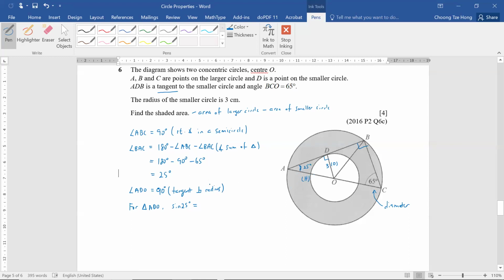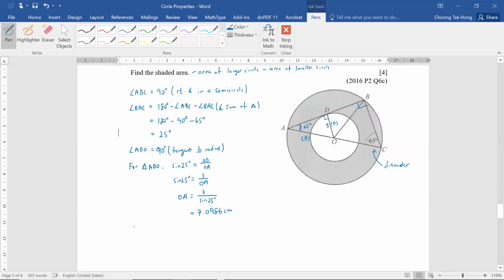Sine 25 will be opposite, which is OD, over hypotenuse, which is OA. In other words, sine 25 will be 3 over OA. If we do the manipulation, OA will be 3 over sine 25, which will give us 7.0986 cm.